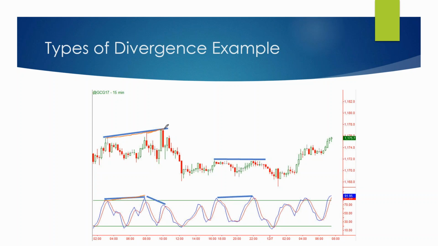Then we make a higher high in price, but we make a lower high in the stochastics. This was your divergence. Over here you can see that we have made equal highs from this one to this one, but the stochastics made a higher high. That is divergence. Okay?